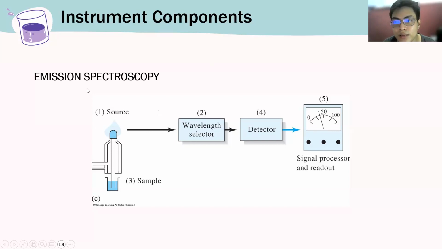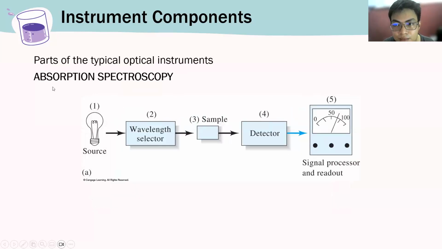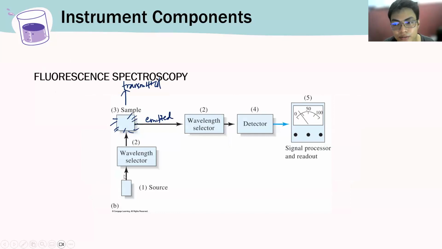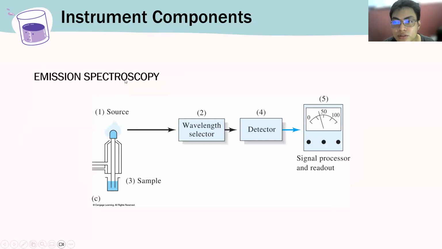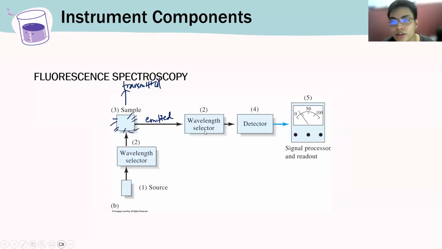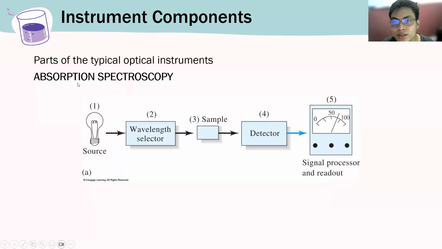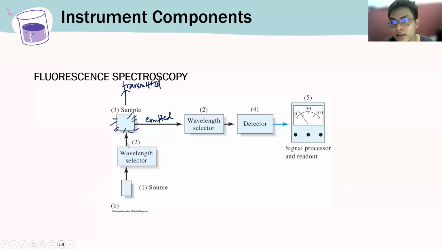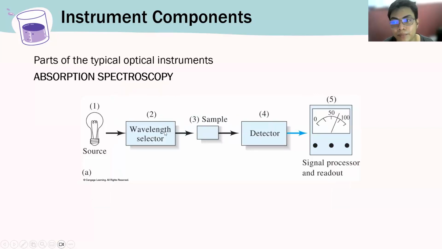Lagi nyo lang tandaan, sa absorption at sa fluorescence, there is a light source. Sa emission spectroscopy, yung light source ay yung sample na mismo pag sinunog mo siya. And ano pa yung key difference? Sa absorption and fluorescence, yung wavelength selector comes before the sample.